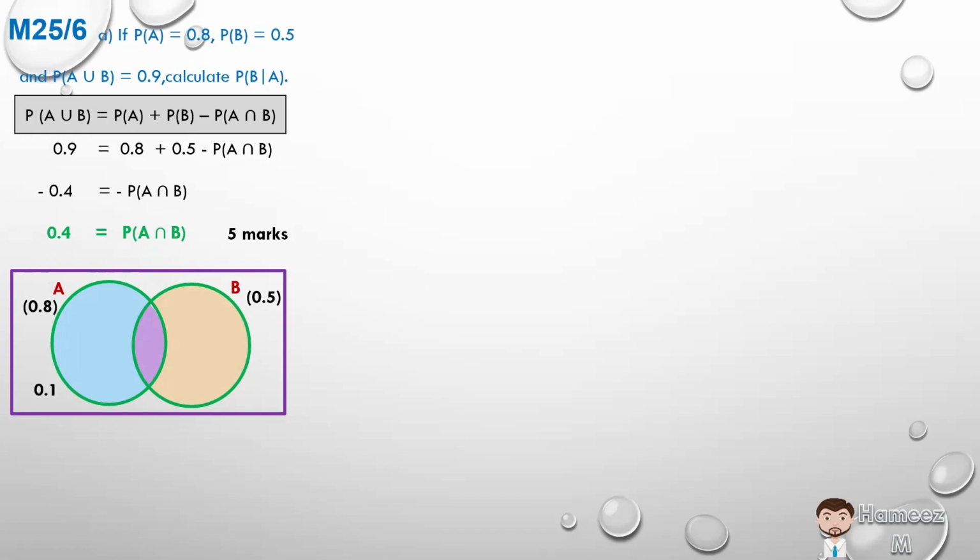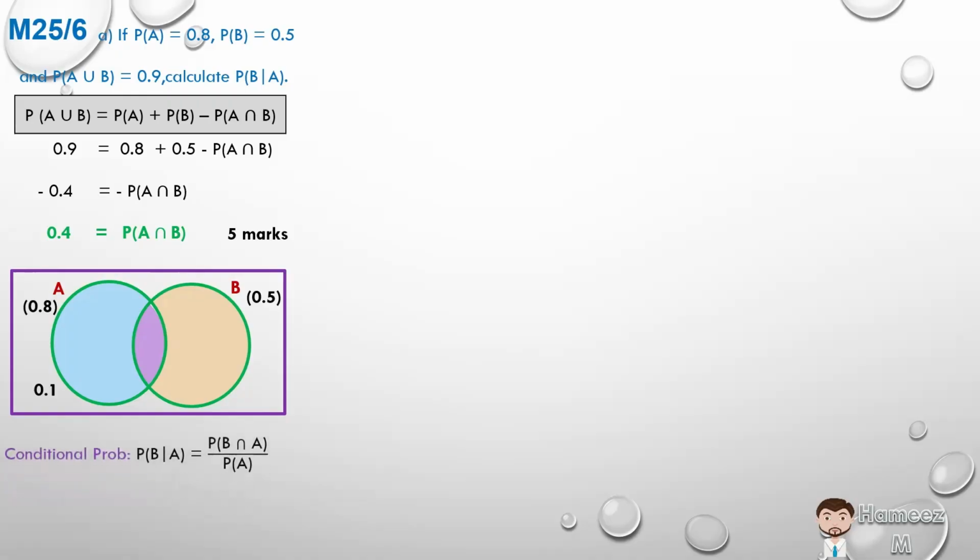If we go back and look at the question above, you would see they wanted us to calculate the conditional probability. So why are we calculating the probability of the intersection, which is in purple? What this tells us is the purple area is 0.4, the blue area is 0.4 because 0.4 plus 0.4 is 0.8. The brown area is 0.1. So 0.1 plus 0.4 plus 0.4 is 0.9.